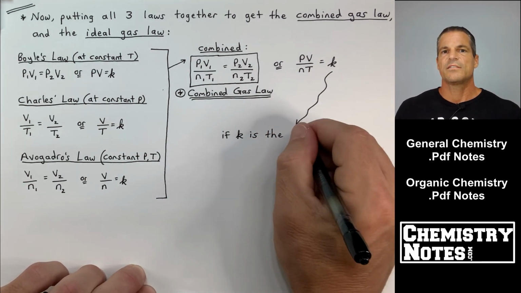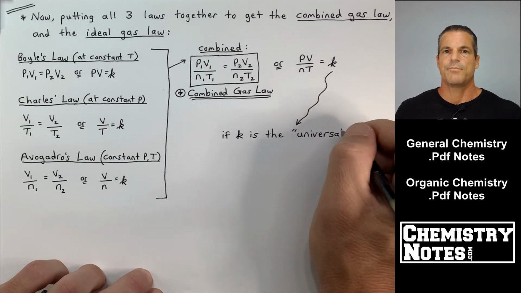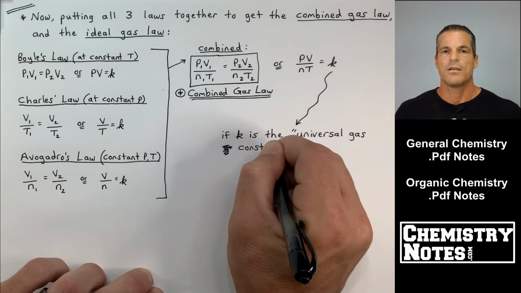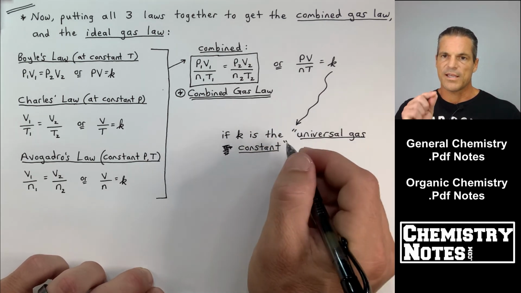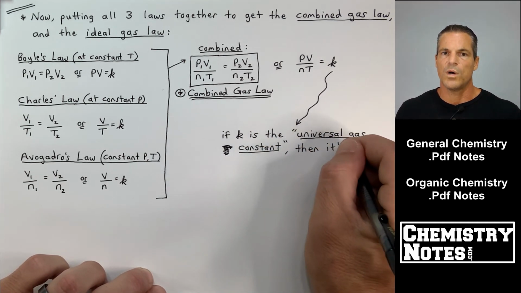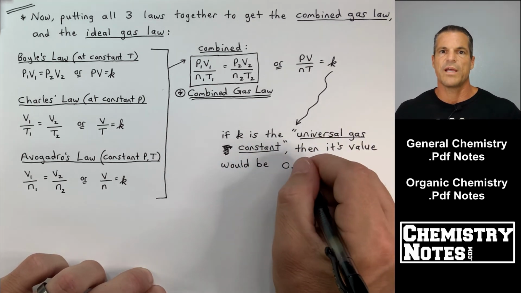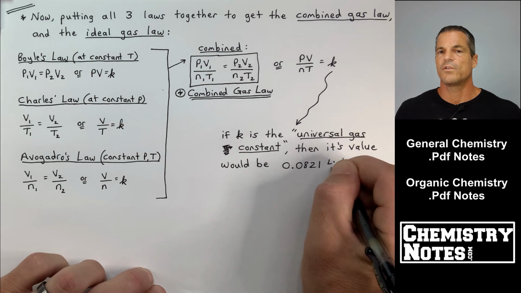So it says on the right hand side, the one that's not boxed, PV over NT equals K, some constant K. Well, if I say, hey, I'm going to make K equal to 0.0821 liter atmospheres per Kelvin per mole, which I'm writing down right now. That is the universal gas constant.